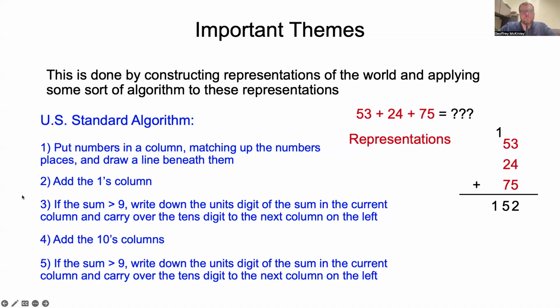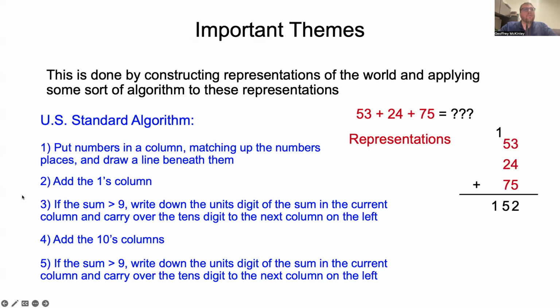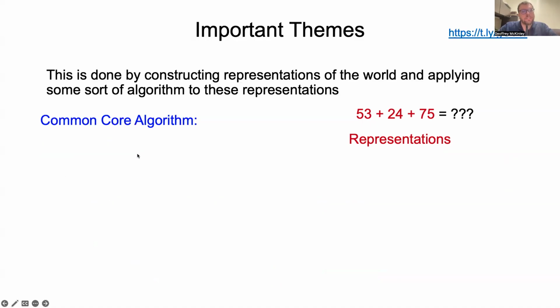Yeah. So now notice how this is one type of algorithm, right? But there are other types of algorithms that exist. For example, the Common Core algorithm. I'm sure some of you are aware of it. Hopefully. What you do here is slightly different, right? So you say, okay, add the ones place values together.